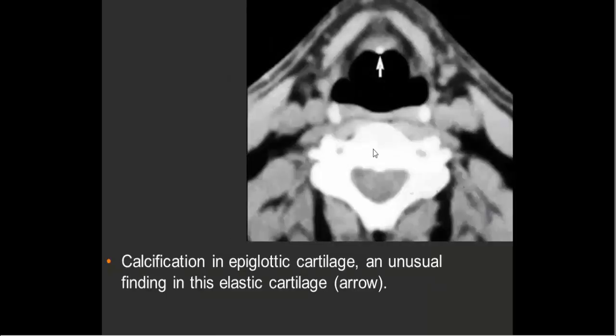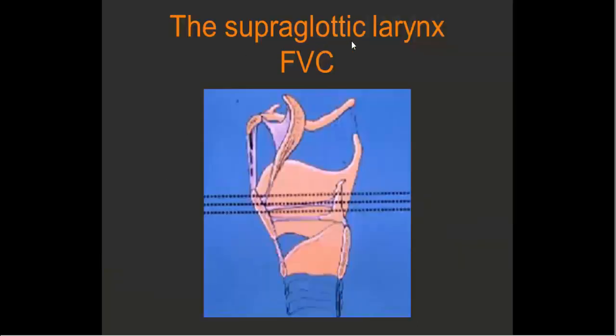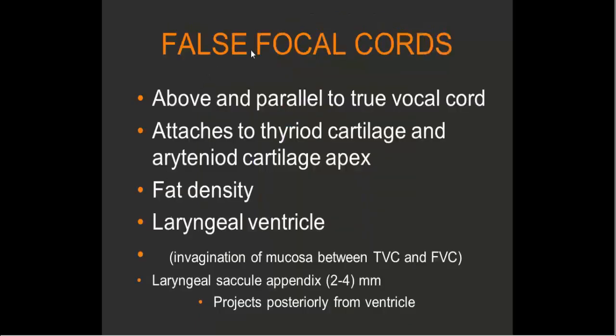This is calcification in epiglottic cartilage, an unusual finding in elastic cartilage. Supraglottic larynx, as we talked before, includes the false vocal cord. This is the false vocal cord, and this is arytenoid cartilage. The false vocal cord is above and parallel to the true vocal cord, attaching to thyroid cartilage and arytenoid cartilage apex.